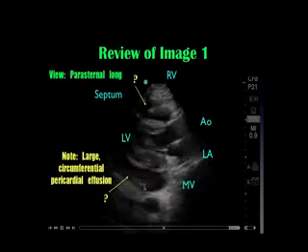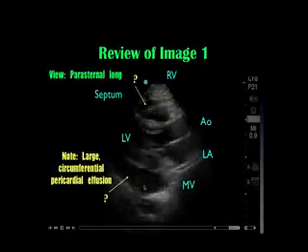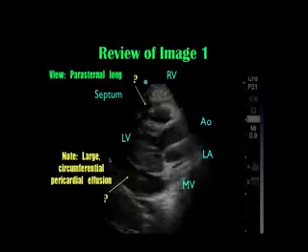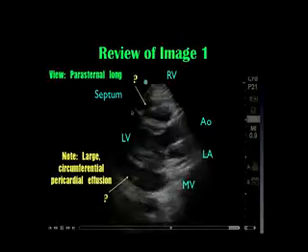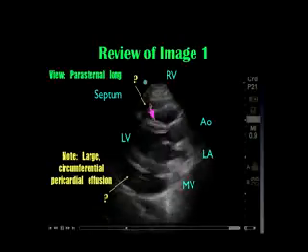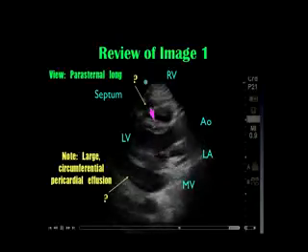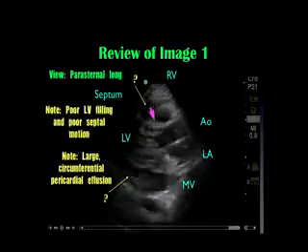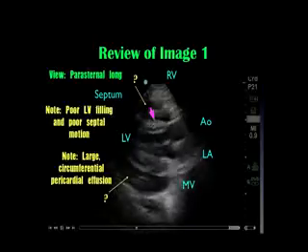There's a large circumferential pericardial effusion, which goes around the heart here, continues off the screen, and then comes over here as well. And what's this landmark here? That's the septum.